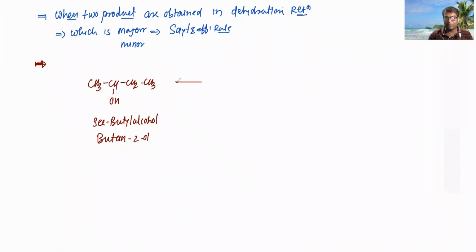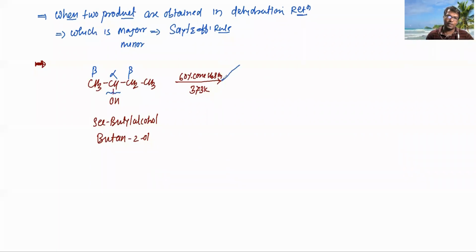When this secondary butyl alcohol undergoes dehydration using 60% concentrated H2SO4 at 373 Kelvin temperature, the problem here is that the hydroxy carbon is called the alpha carbon, but it has 2 different beta carbon atoms.